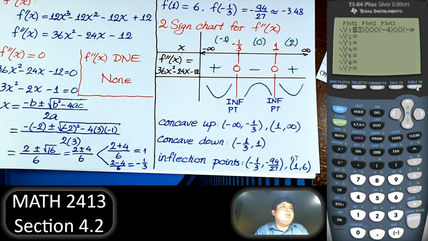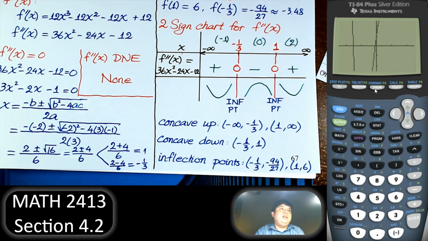Since we enter the function, let's look at the graph. Let's zoom to the standard window. So it looks like we have concave up from negative infinity to negative 1/3, and from negative 1/3 to 1, it is concave down and then up.